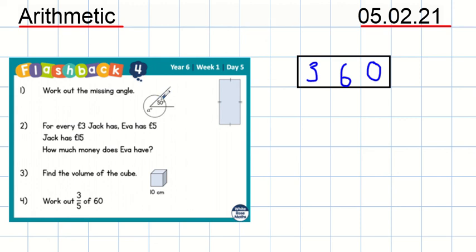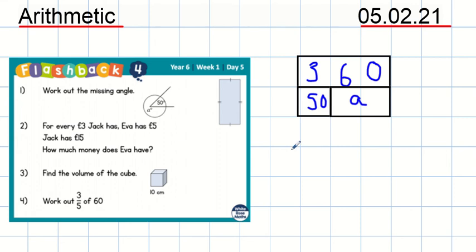Now I can see one of the angles is measuring at 50 degrees. That means I need to find the remaining amount of degrees for angle A. Do you have a strategy or method that you'd recommend? Brilliant.